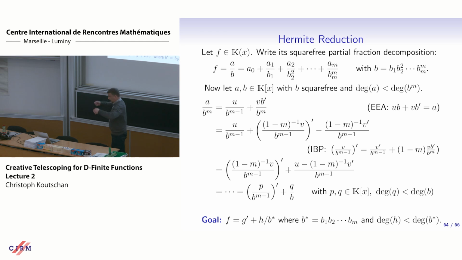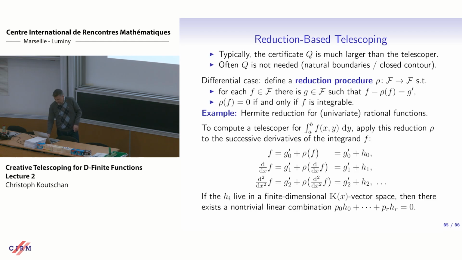So the square-free part is always the same, and the degree of the numerator is bounded by the degree of this denominator. So this is clearly a finite dimensional vector space. And also in more general contexts, one can show this property. And then this guarantees us that after a finite number of steps, we will find a non-trivial linear combination, which then is really just the telescoper that we look for.